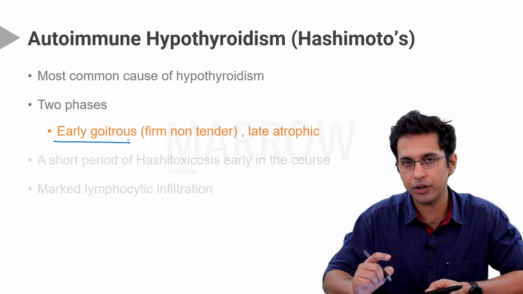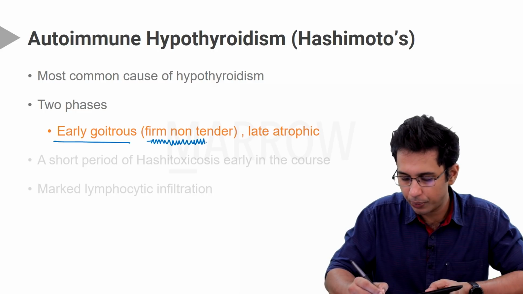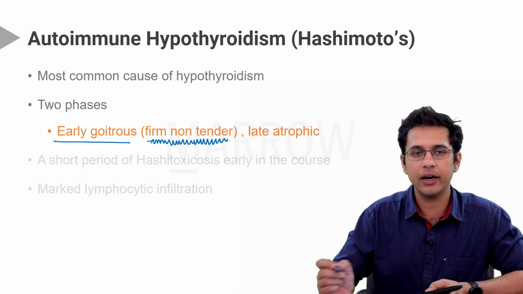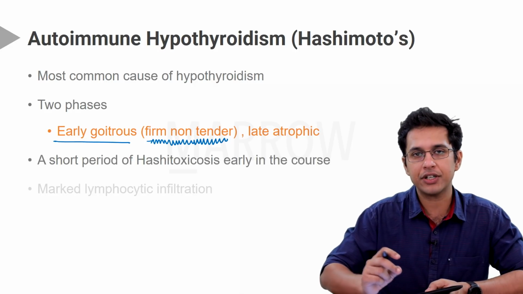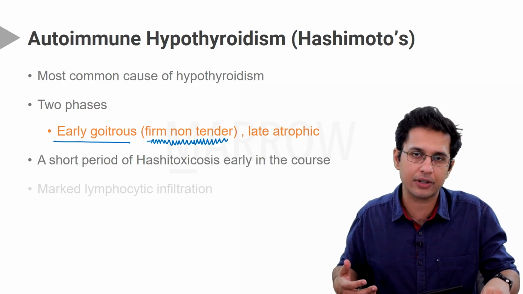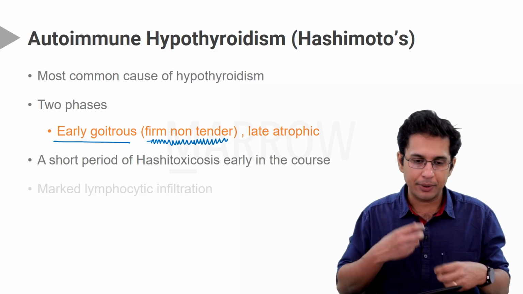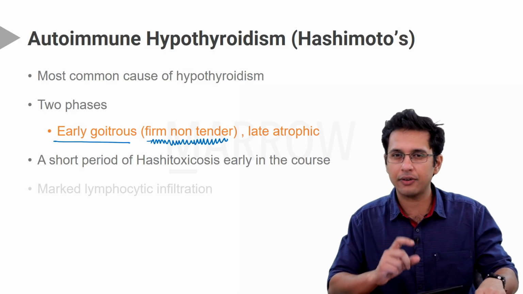What I want you to really focus on is that it's firm, non-tender. There's no pain. Okay. Firm, not tender. Early goitrous, late atrophic. A short period of hashitoxicosis in the early stage, because anyway it's thyroiditis, right? So basically in that initial phase of thyroid hormone being thrown out, there is a short phase of hyperthyroidism.